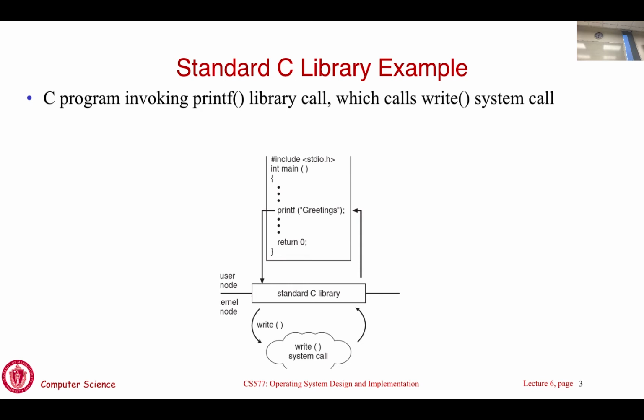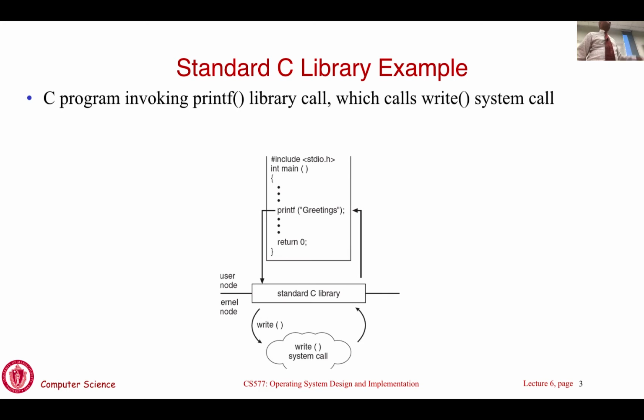That's where the printf function is implemented. Now the implementation of printf is in turn going to call a system call. In this case, you are essentially going to call the write system call, which takes that string and writes it out to a console. So that's typically how you should expect system calls get invoked. That's essentially what I said on the previous slide.